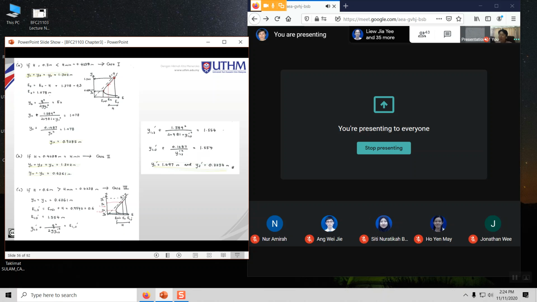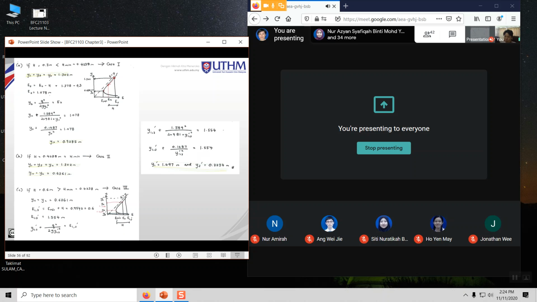Now, that's it. For this question, normally if they ask you to find depth of flow, Y1, Y2, Y3, you already give all the answers for part A. Now, part B. Question B asks if the height of weir is 0.4238 meter, what would be your answers for Y1, Y2, Y3?